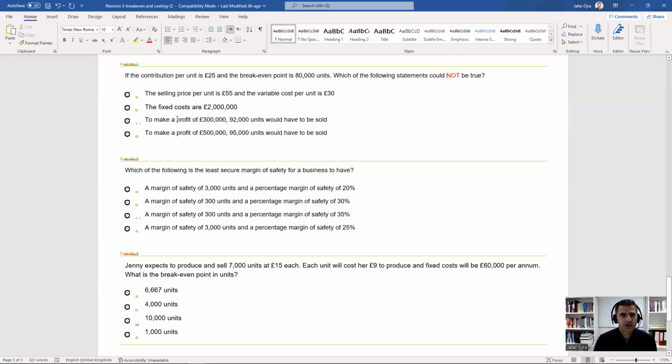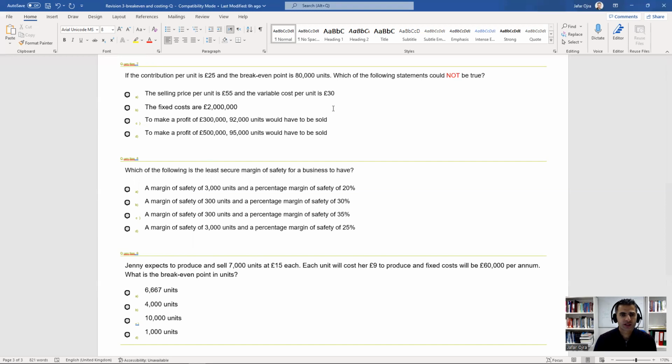First of all, the selling price per unit is £55 and the variable cost per unit is 30 pounds. Is it true? Yes, because the contribution per unit equals the selling price per unit 55 minus the variable cost per unit 30. So 55 minus 30 gives you 25. So the first one is correct.